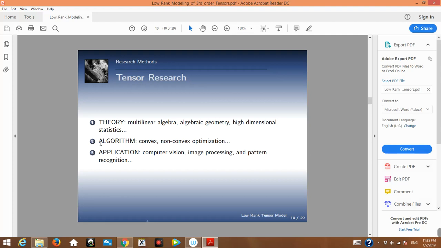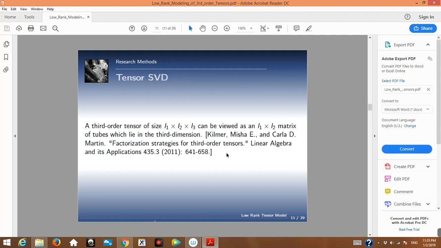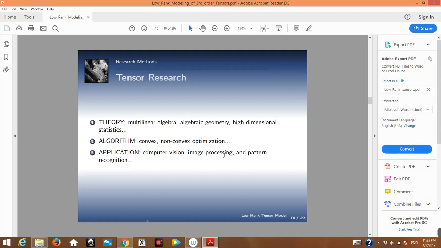And people coming from an applied background use convex or non-convex optimization to study tensor decomposition. And people coming from computer science use tensors to study computer vision and image processing. So tensor research gives us much better results.